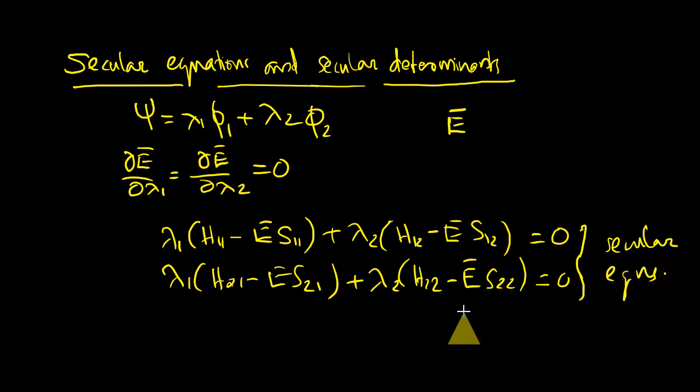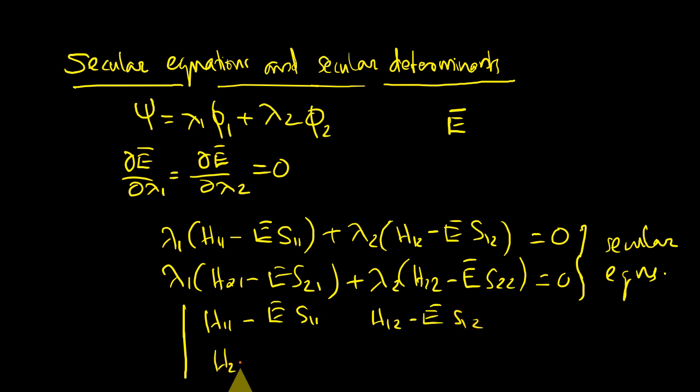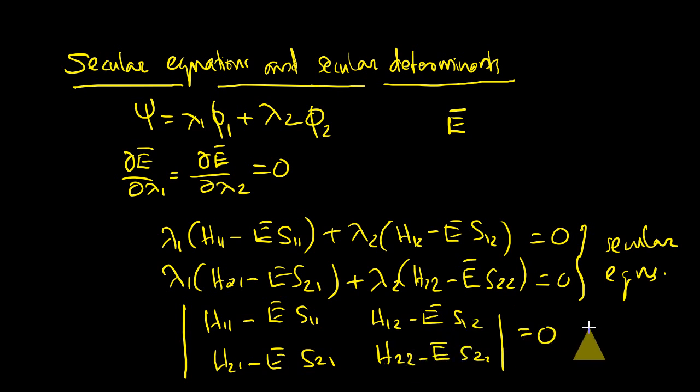equations. Okay, and there was a determinant corresponding to the coefficient of the variable parameters, and that determinant was determinant h11 minus E bar s11 and h12 minus E bar s12, then h21 minus E bar s21, h22 minus E bar s22, and determinant was equal to 0, and this determinant is called as secular determinant.